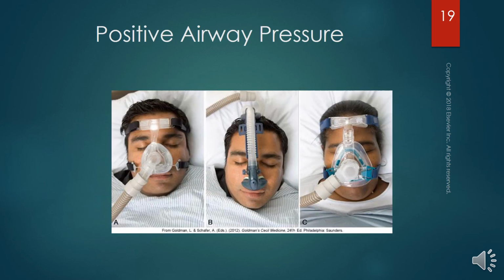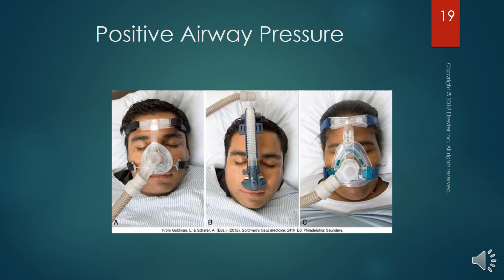This is a positive airway pressure picture, and you'll see the picture C is usually what we use in the hospital. We'll use a full face mask over the nose and mouth, but for home use, A is a nasal mask, and B is nasal pillows.